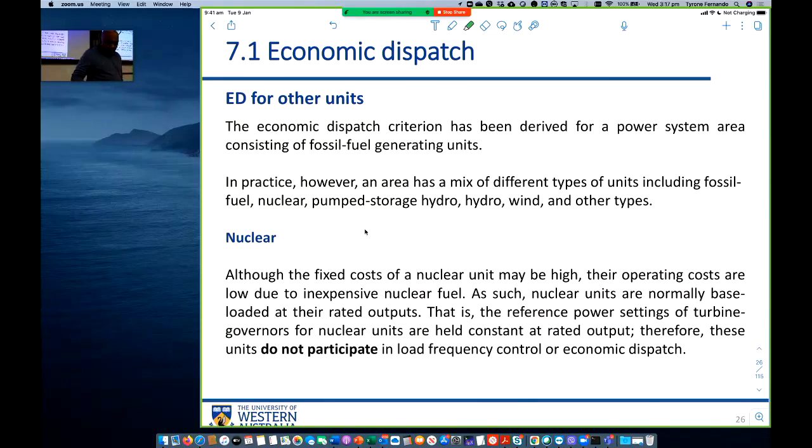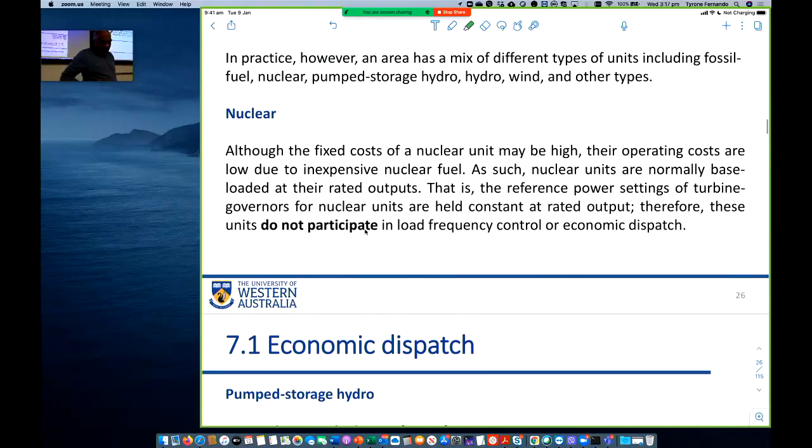Nuclear, although the fixed cost for a nuclear unit may be high, their operating costs are low due to inexpensive nuclear fuel. As such, nuclear units are normally base loaded, so they are used as a base power station to provide the base load at rated outputs.